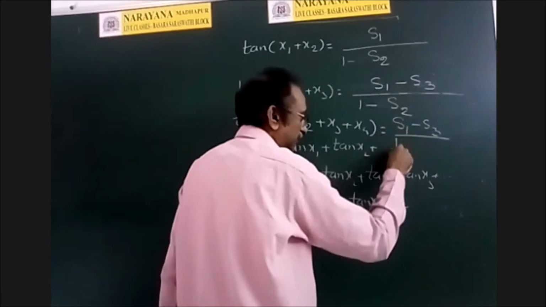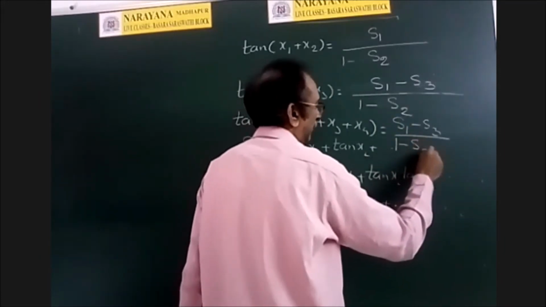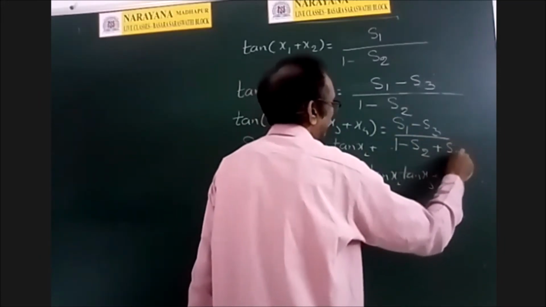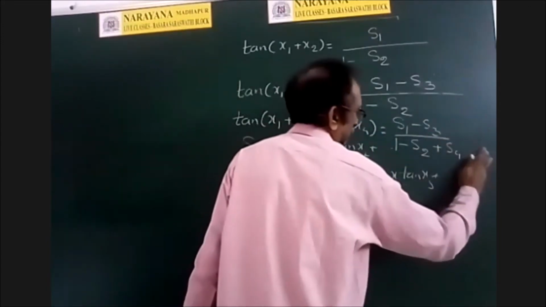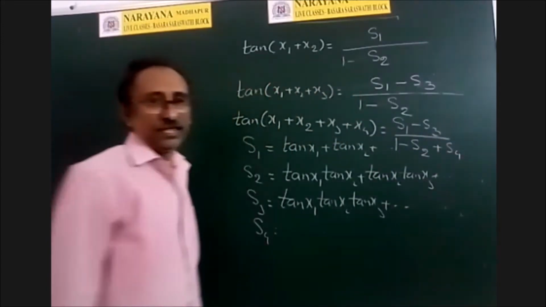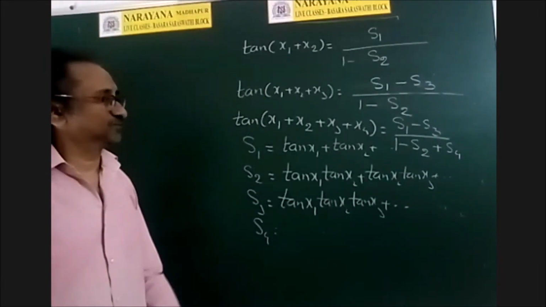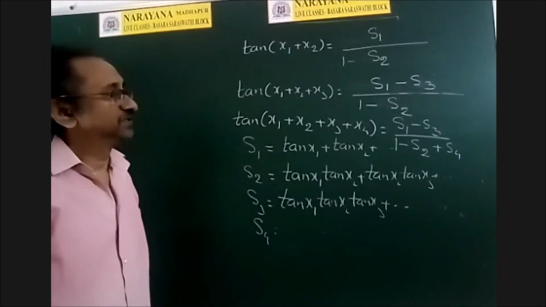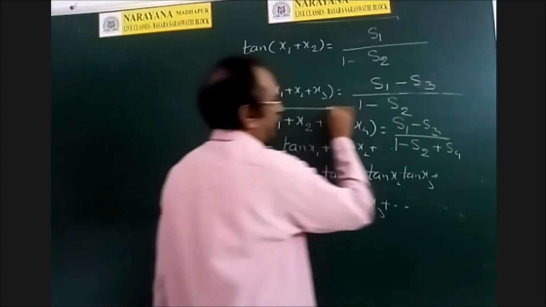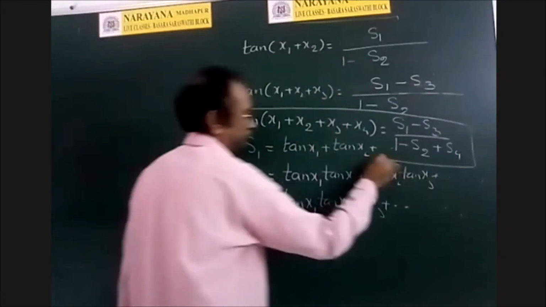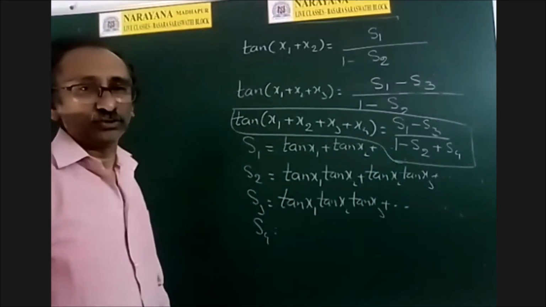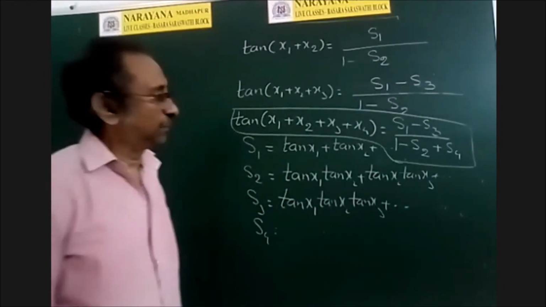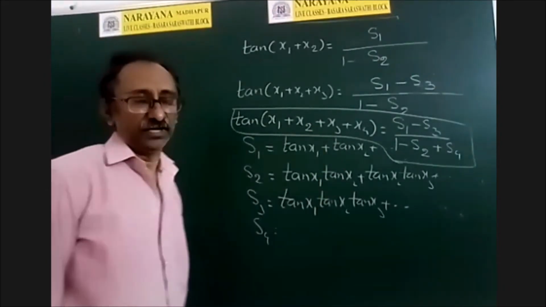The denominator always starts with 1, minus S2 plus S4 minus S6. There are no 6 terms, so you need not write S6. So tan of x1 plus x2 plus x3 plus x4 is equal to S1 minus S3 by 1 minus S2 plus S4. For our problem, we need this formula.